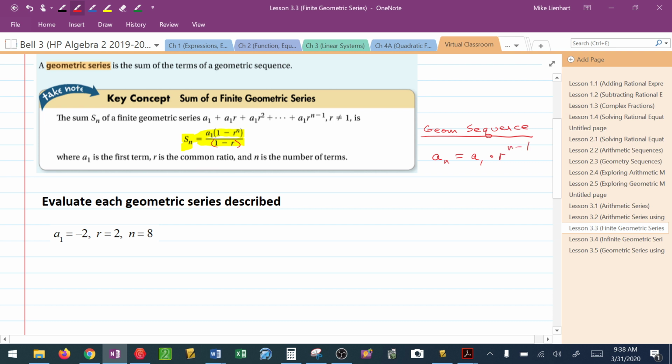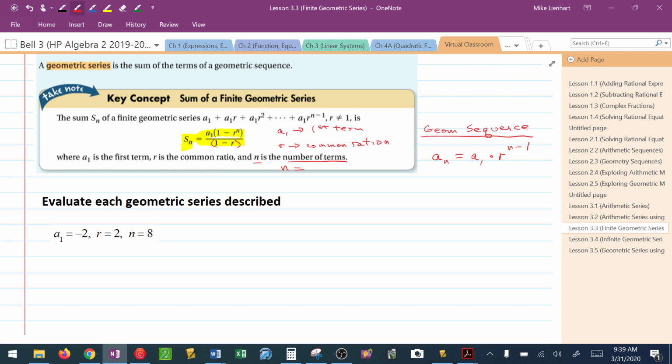We may need that because we have to identify what a sub 1 is, which is your first term. We have to be able to determine r, which is your common ratio. And we have to know n, which is the number of terms. Right there it even says it in the key concept.